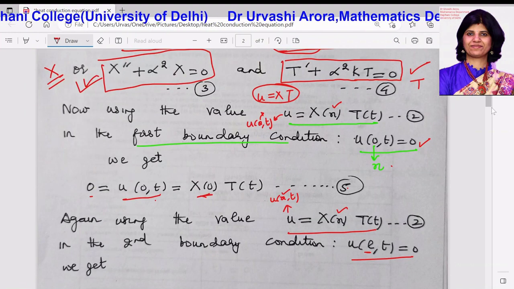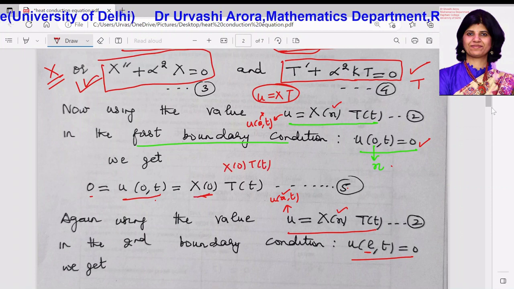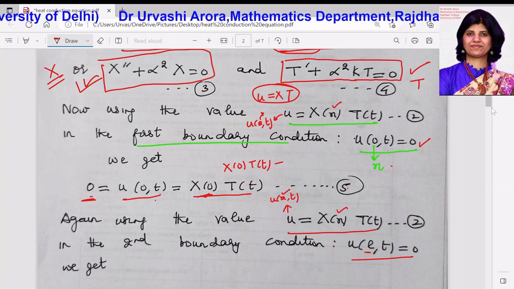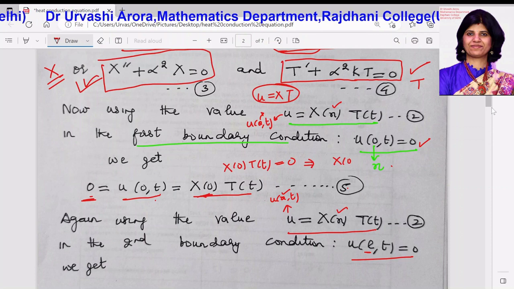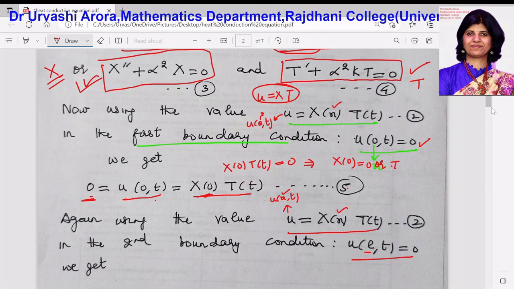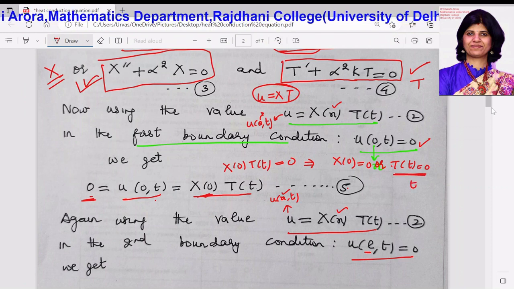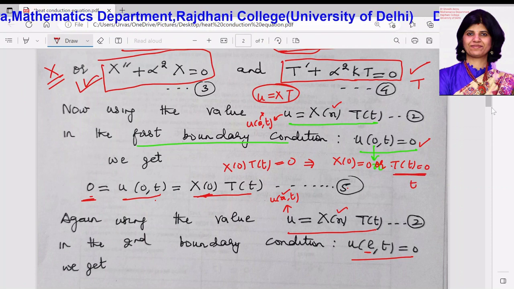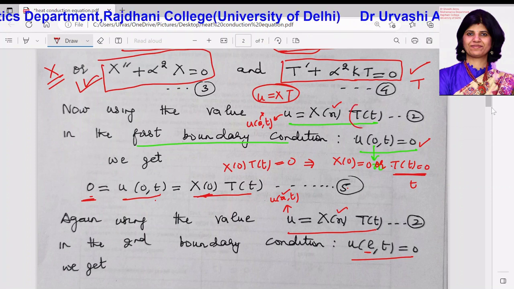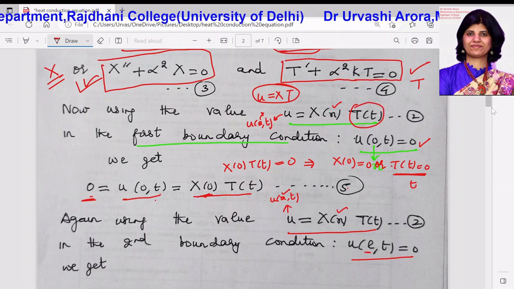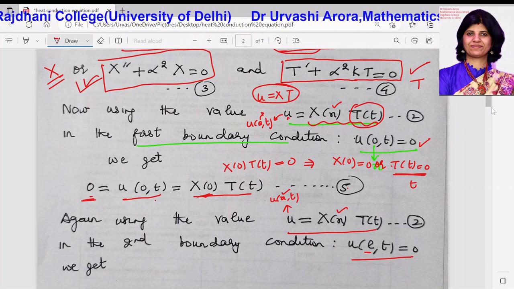If we take a look at 5, from 5 you have that X(0) into T(t), which is this expression, comes out to be 0. Now this product will be 0 if either X(0) is equal to 0 or T(t) is equal to 0 for any arbitrary t. Now if you take T(t) to be equal to 0 for any arbitrary t, this would simply mean that this value becomes 0, and because this value becomes 0, the whole product becomes 0, and so the value of u would also become 0.